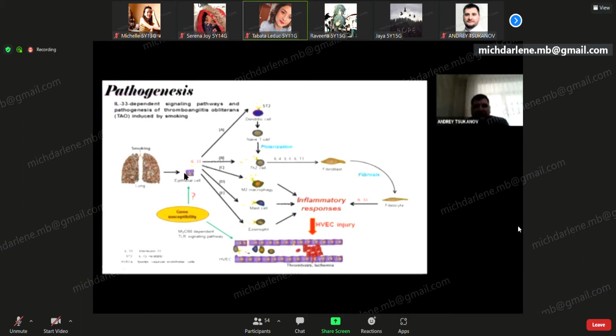The dendritic cell, naive T cell, macrophage, mast cell, eosinophil. Fibroblast and fibrosis of fibroblast will lead to fibrocytes, and you will see the formation of thromboarteritis obliterans.